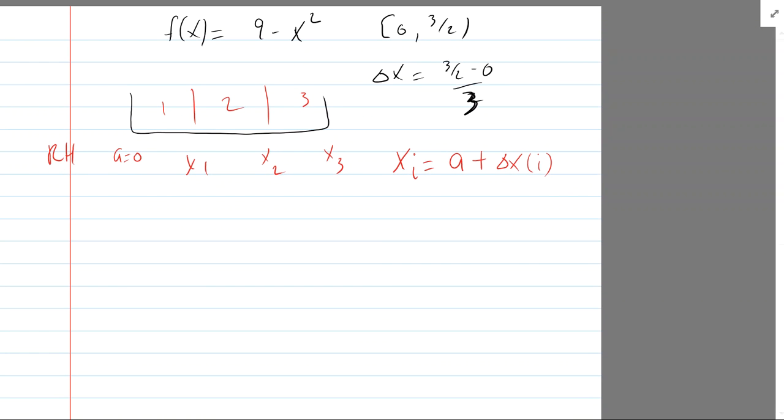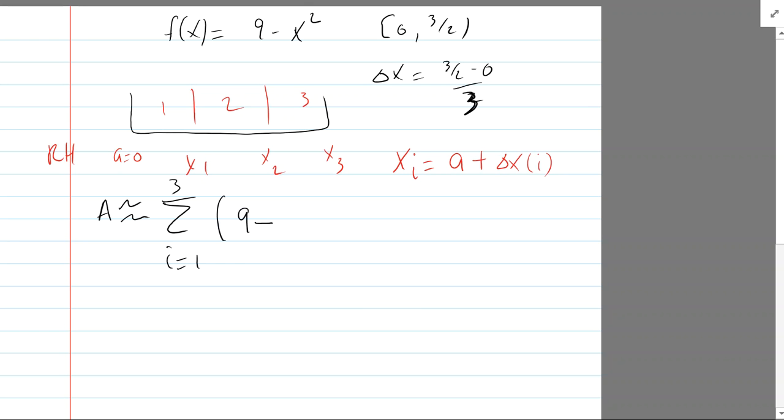So you know how we ended up with the area is approximately the summation of I equals 1 to 3 of f of x? We know what f of x is. We can now go, it's 9 minus, well, do we know what our delta x is? It was a half, right?